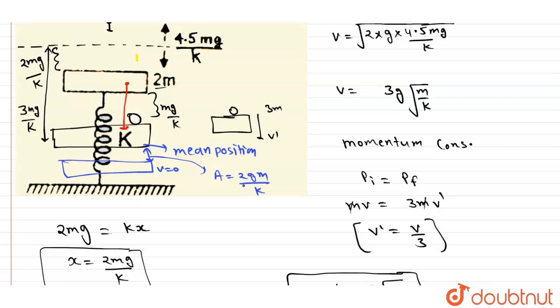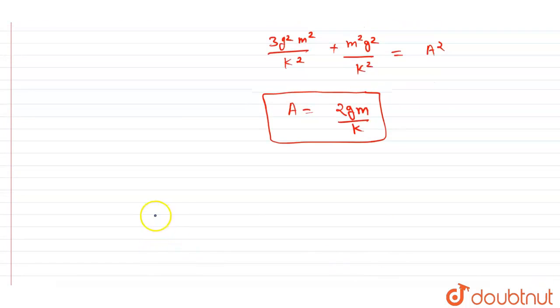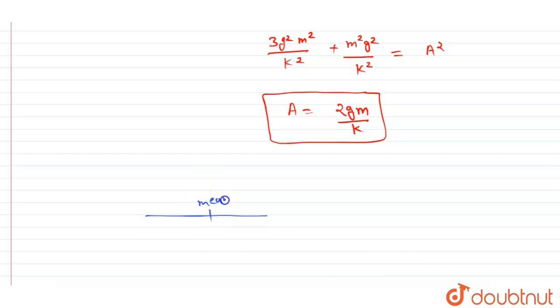So now we are trying to find the time period. Let us try to understand first of all: this is the mean position, and these two positions are plus A and minus A, the amplitude, which are the extreme positions. Understood? We have given A as 2gm by k.